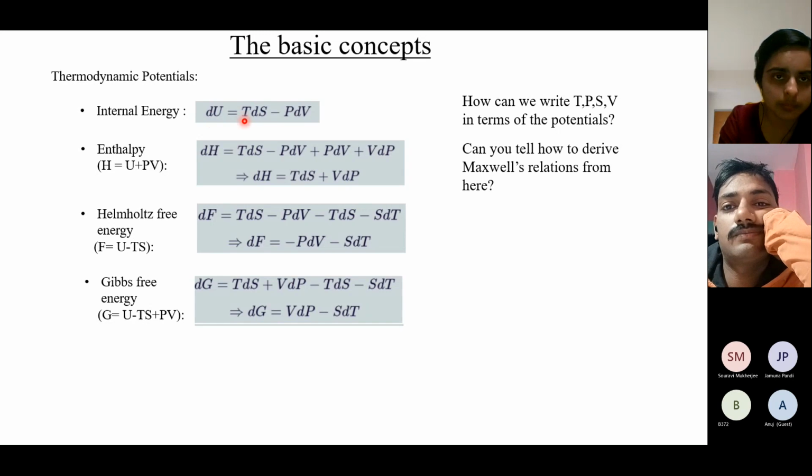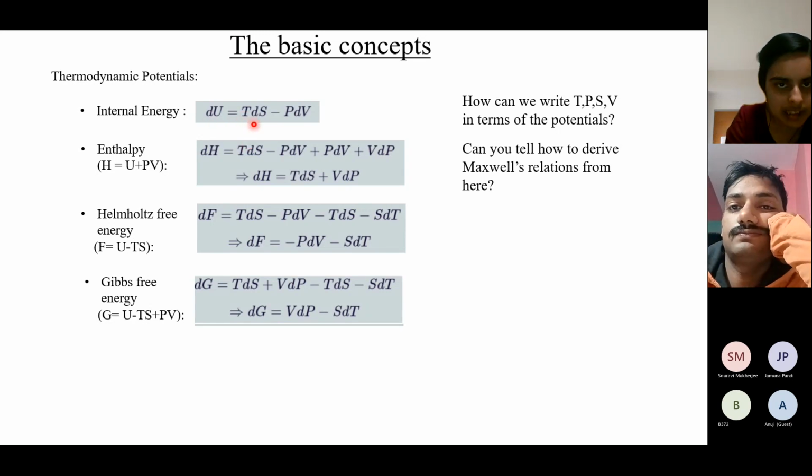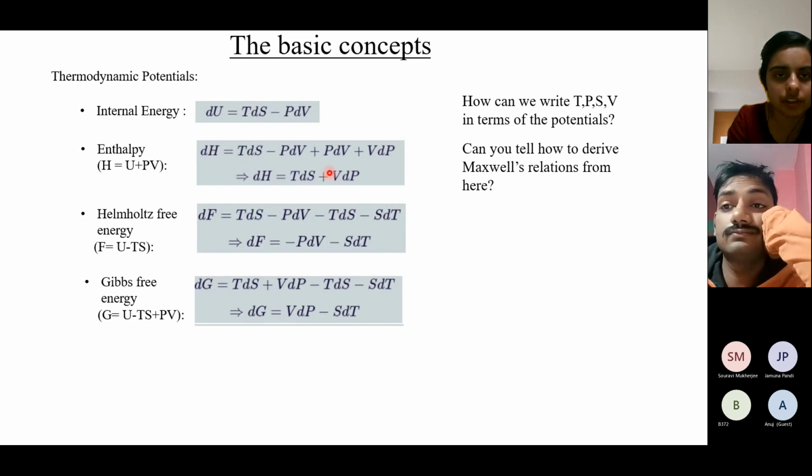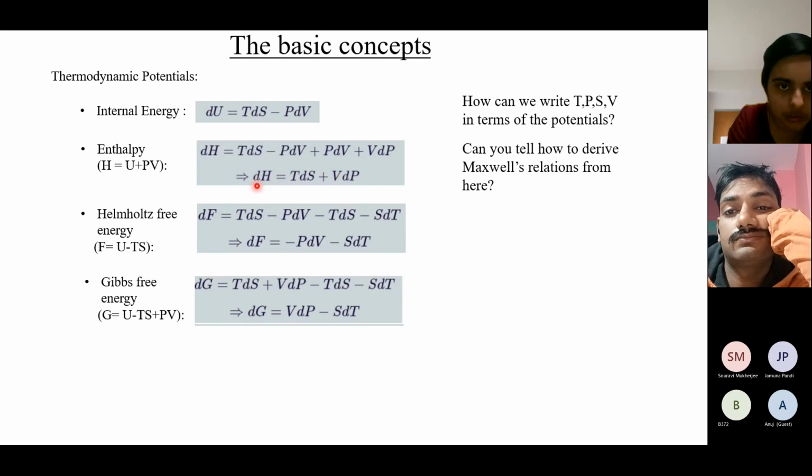So what should it be? The expression for T should be del U del S at constant volume. Correct. And the expression for P will be minus del U del V at constant entropy. Similarly, if we start with this state function, we can use this expression to find the expression for temperature and volume in terms of the partial differentials of enthalpy. Similarly it goes for the free energy, like the Helmholtz or the Gibbs free energy.